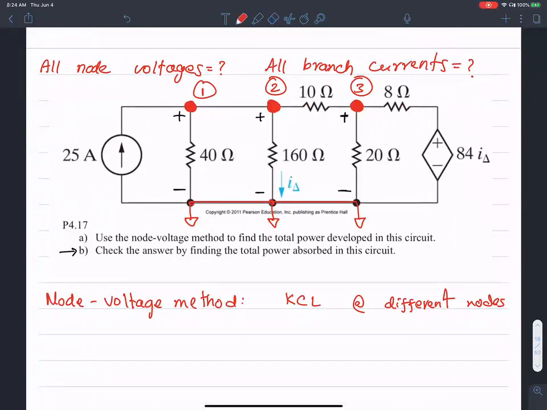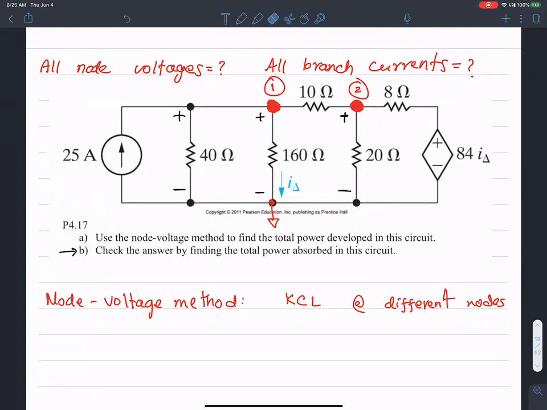Okay, perfect. Now, by the same argument, I'm going to combine these two nodes as well, because there is no circuit element here, there's a perfect short. I'm going to simply combine all of this and say, this is all one node. Okay. All right. Questions about that so far, please? Okay.